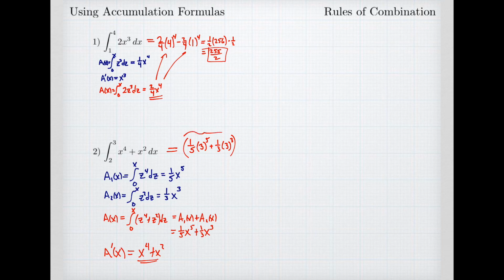This is evaluated at 3, and I'm going to now subtract the accumulation function evaluated at the other endpoint, the starting point, 2. So it's 1/5 2 to the fifth plus 1/3 2 cubed. And this second formula is what I would get if I evaluated at 2.